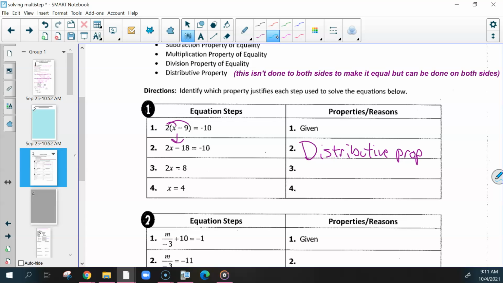So they subtracted 18 on both sides? They added it on both sides, because we're doing the opposite. So they actually added 18 on both sides to get this positive 8. This would be addition property of equality. I'm just going to put 18.